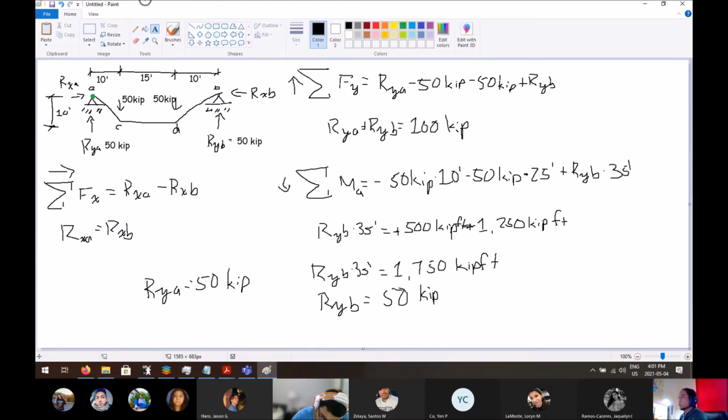Fun stuff. So now we can solve for RXA and RXB. What is one thing we can do for this?